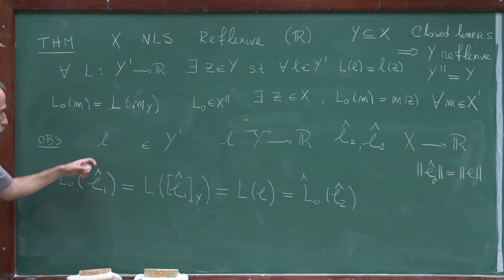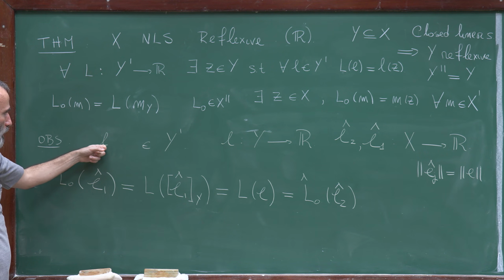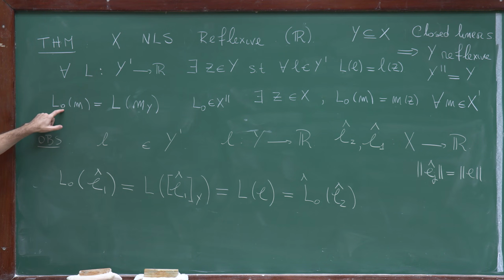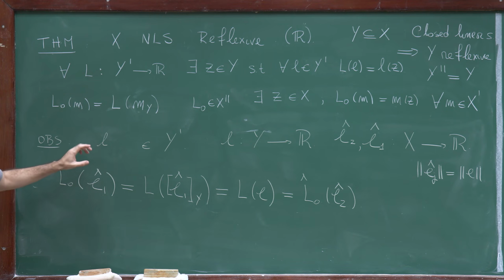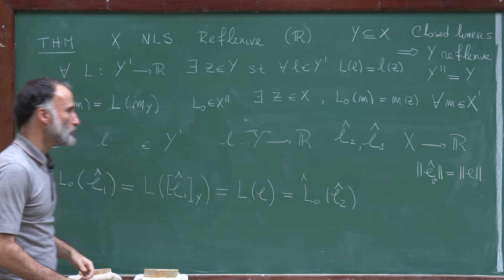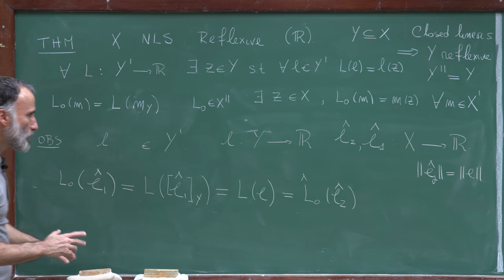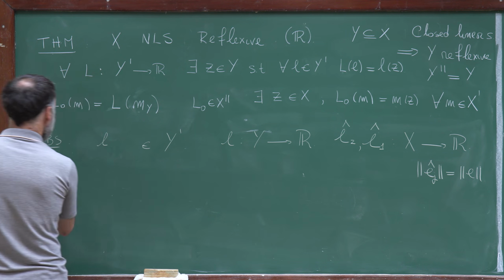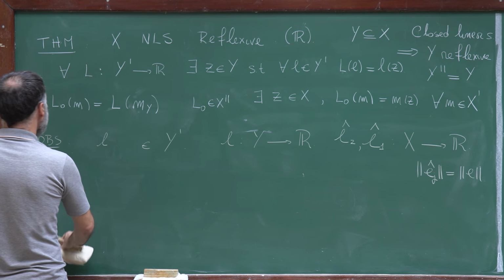So if you start from one bounded linear functional defined on Y, the value of L0 at whatever extension is the same. So we'll use this fact now. Keep that in mind.